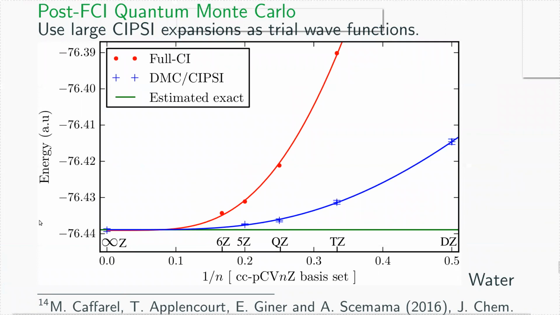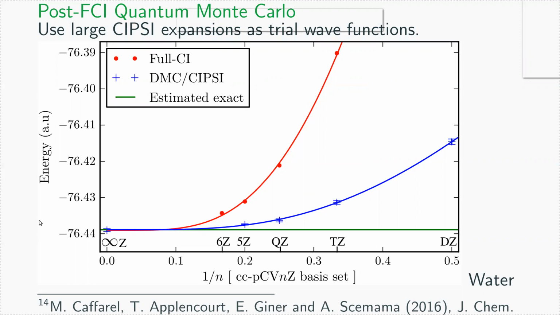So, water molecule at the equilibrium. Energy in atomic units. In green, this is expected to be the exact answer, which means solving the Schrodinger equation.